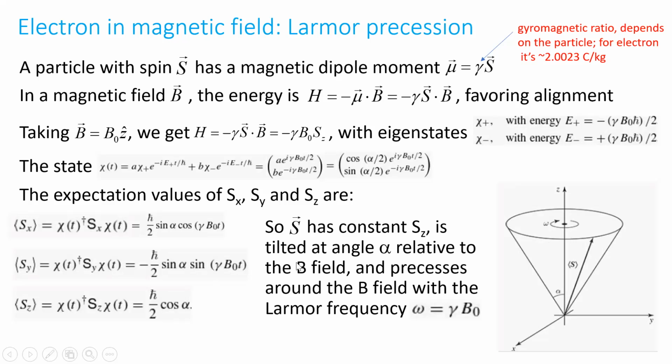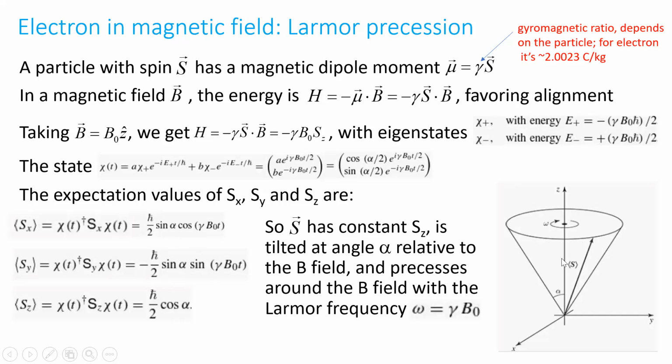while Sx and Sy involve the sine of alpha, which is the opposite of this angle alpha. So this would be this vector here, whereas Sz would be this adjacent side here.